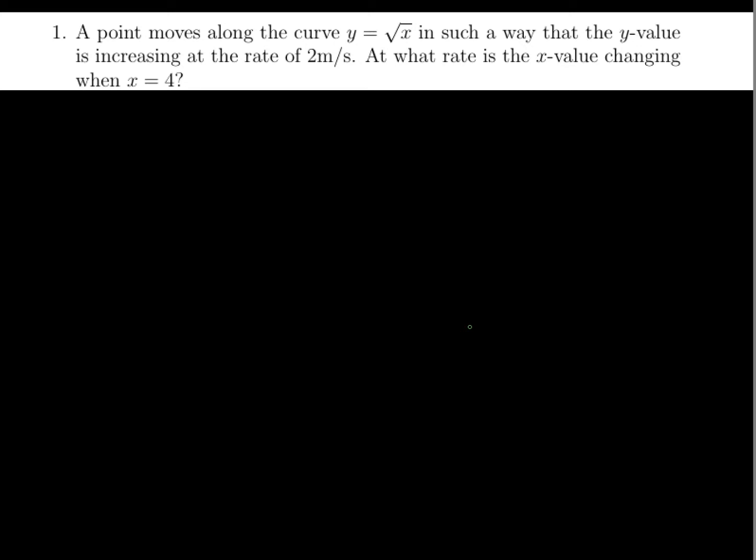So again, the first step is to wonder. So I circle any numbers and variables. So here is a whole bunch of variables. So y equals square root of x. Here is the y value.